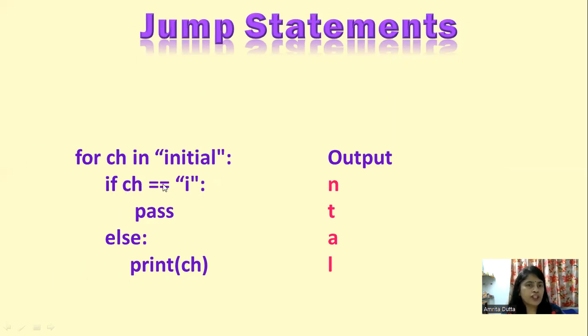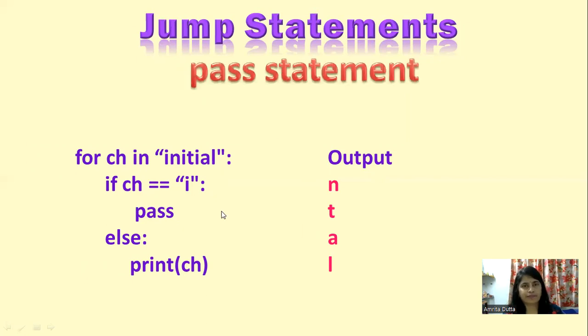So again the condition is true. Pass means it will not do anything. Next, it will go to the next character A, so it will print A, and at the end it will print L. So we can see that on the given condition, the pass is not doing anything.